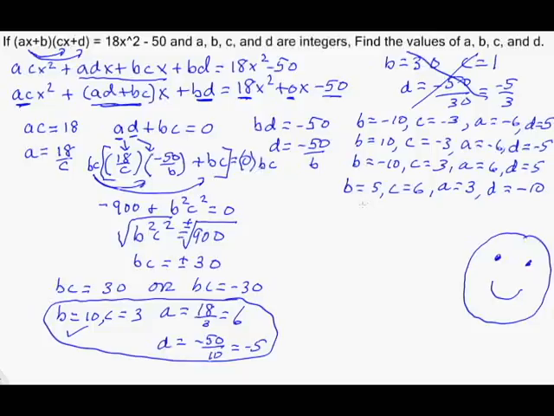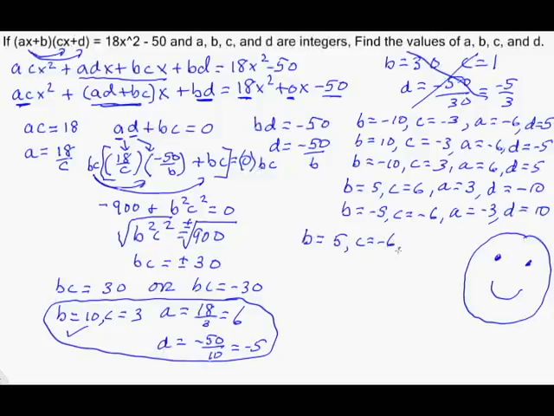But you can also have B being negative 5, and let's say C being negative 6. So that would indicate that A is equal to negative 3 and D is equal to 10. Or what if you want the BC to be negative? So you can have, let's say, B is equal to 5, C is equal to negative 6.